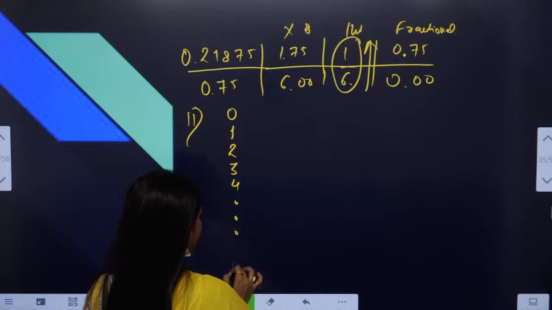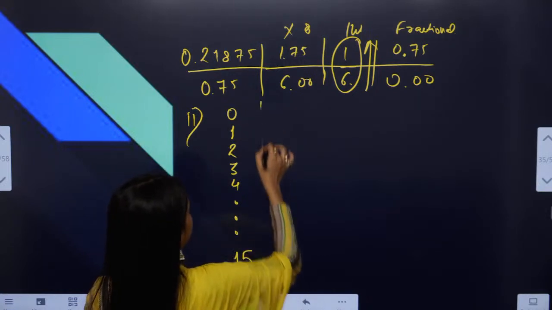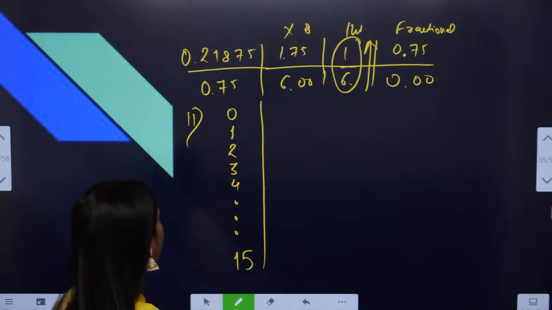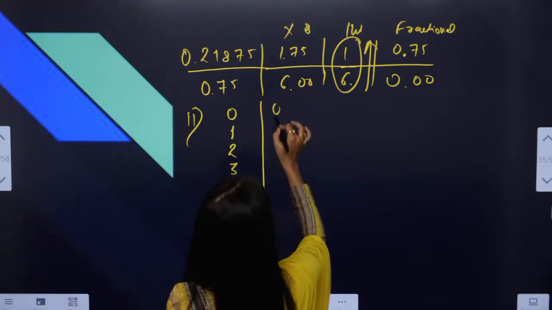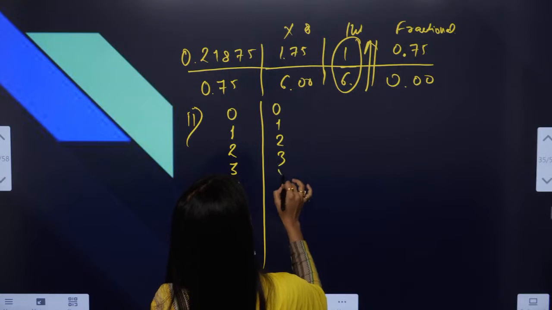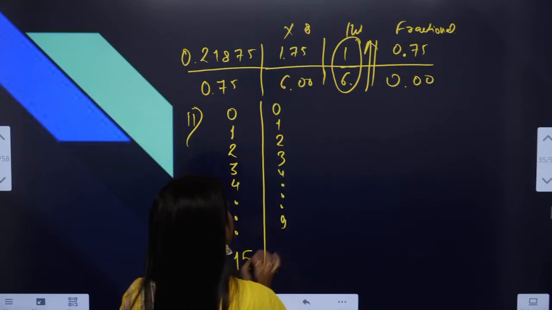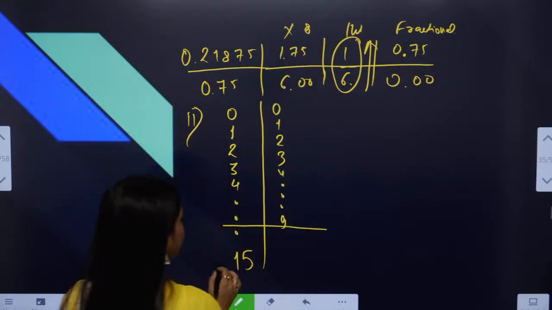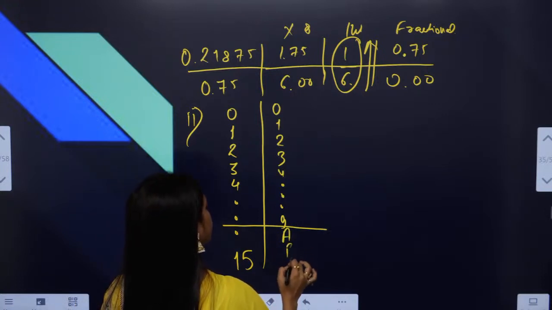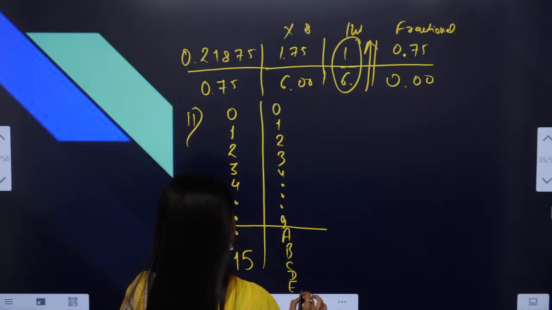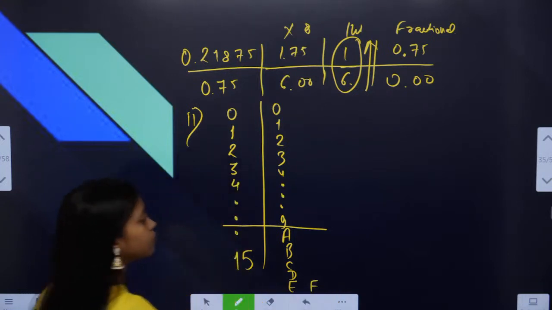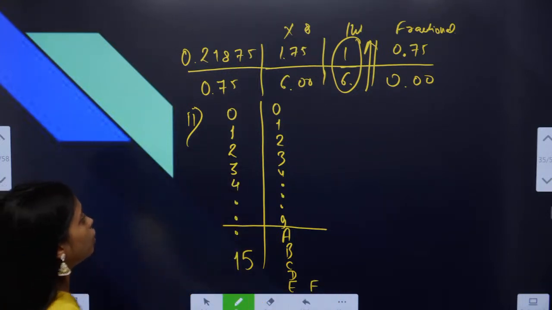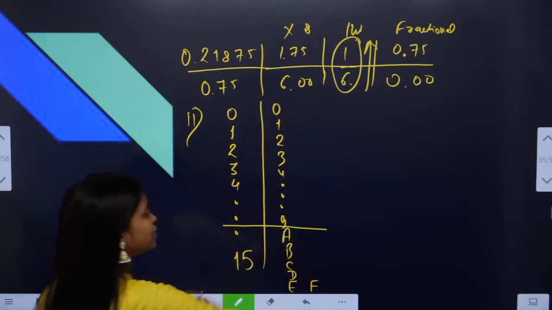This is to the base 10. To the base 16, how do we denote that? From 0 to 9, there will be no change, as it is 0, 1, 2, 3, 4 and so on till 9. But after 10, it works like A, B, C, D, E and F. So this is just the representation.